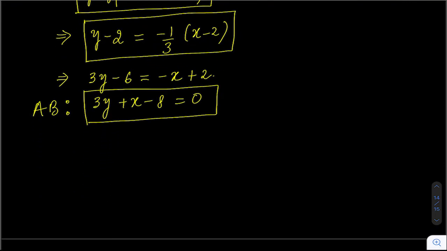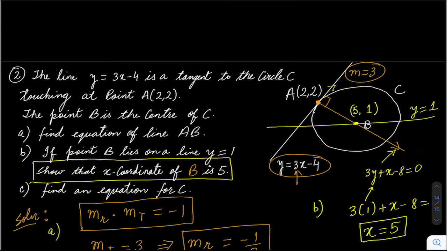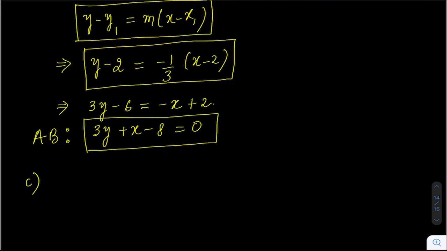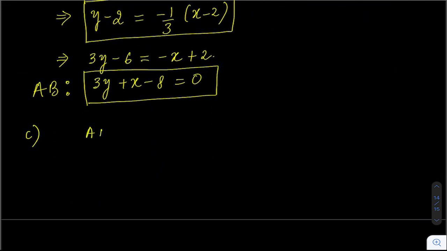Now the third part: we have to find the equation of the circle. That's easy, because B is the center, and we need the radius, which is nothing but AB. So what is AB?